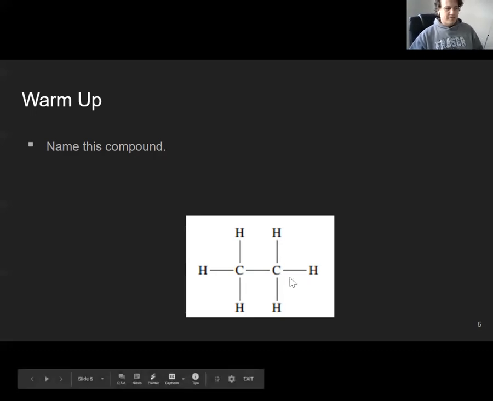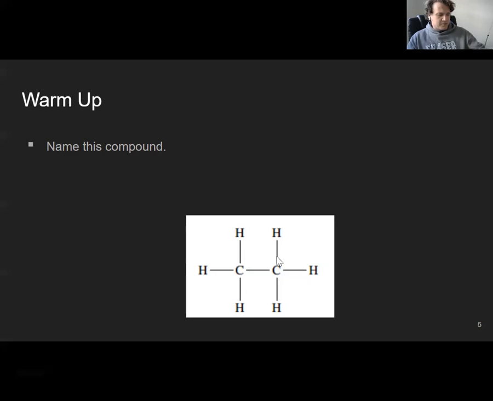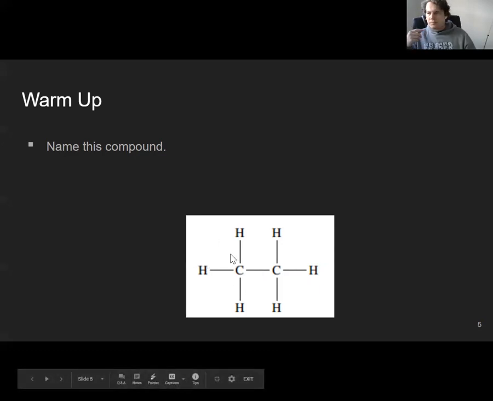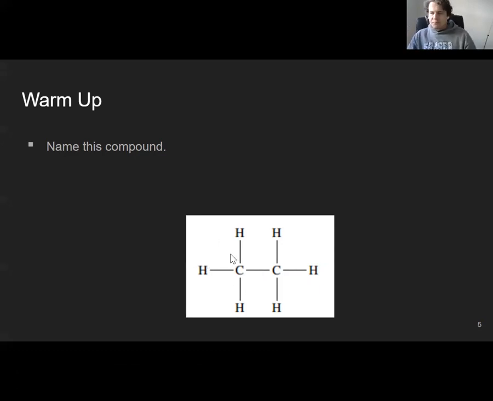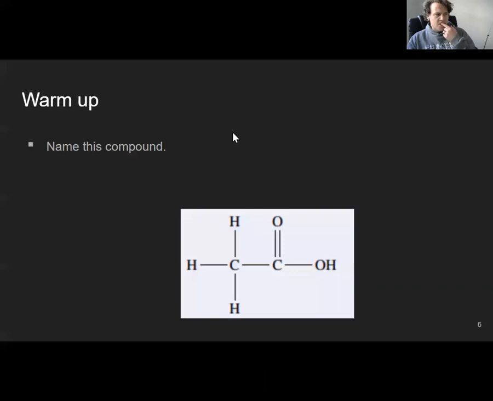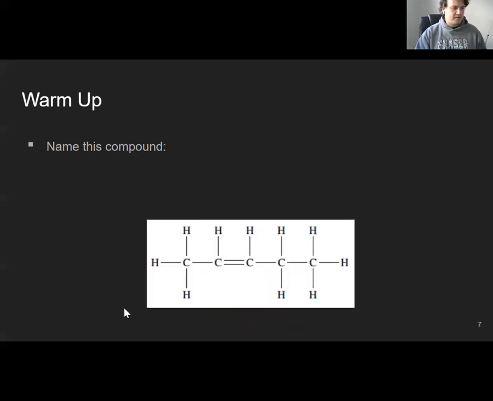It's an alkane because it has only carbon to hydrogen bonds. How else do we name it? By the longest continuous carbon chain. So what would this be? The previous one will be alkane.